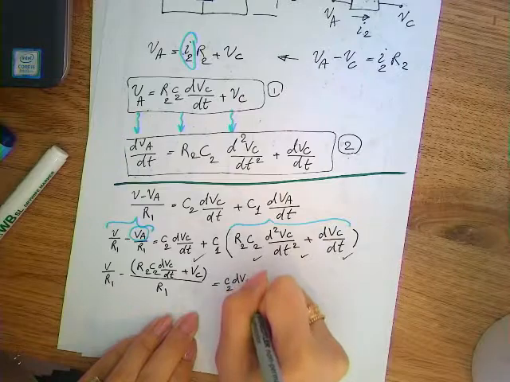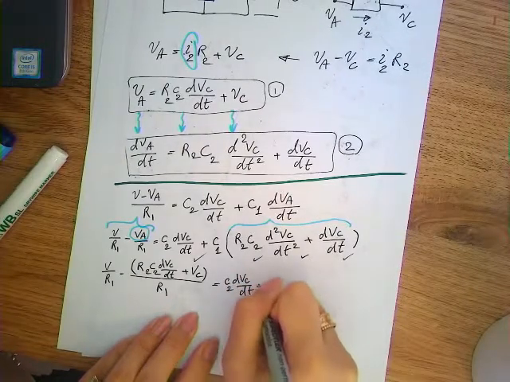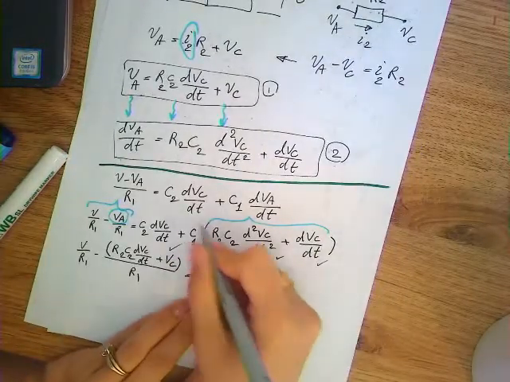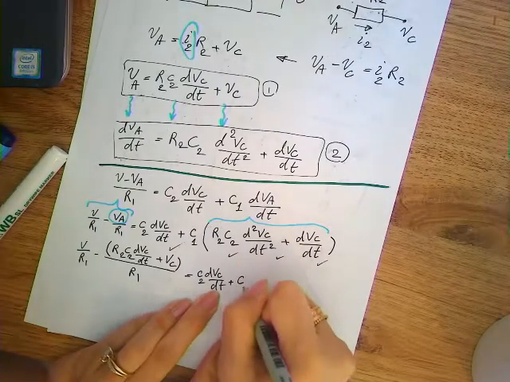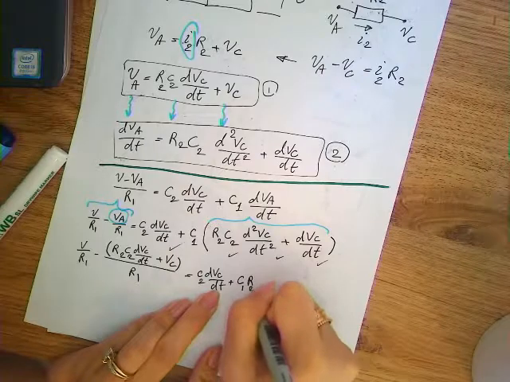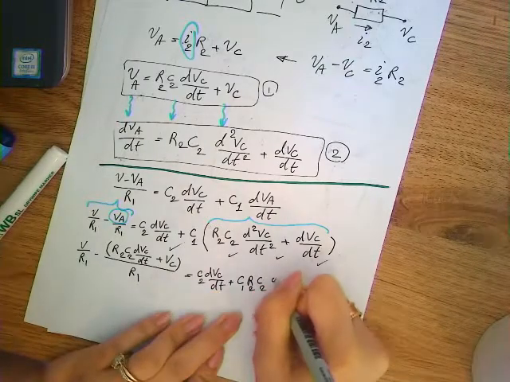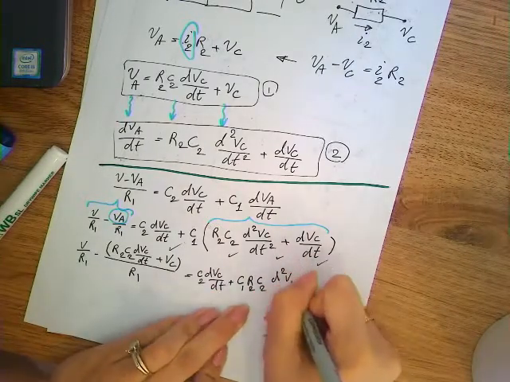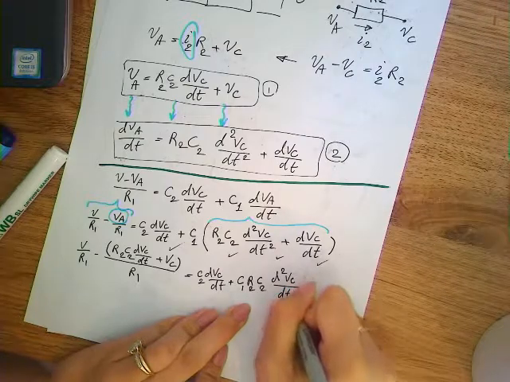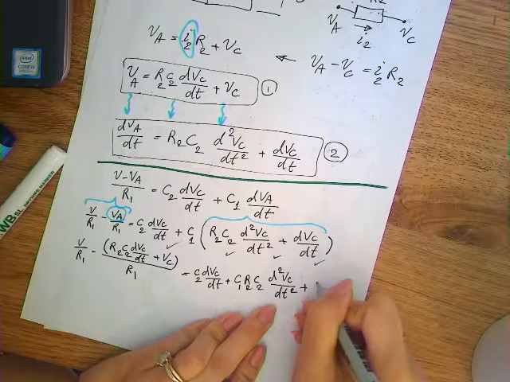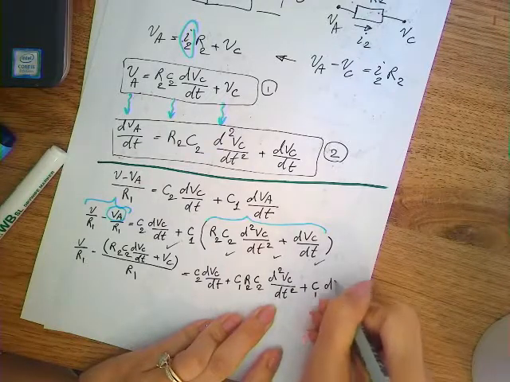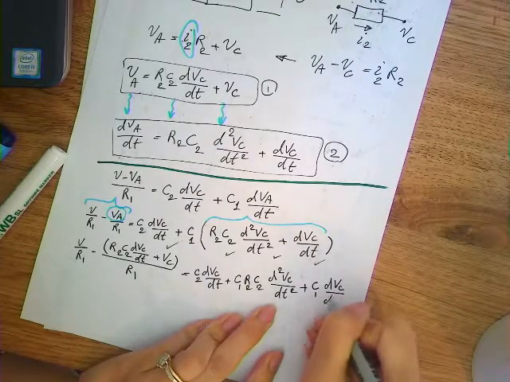C2 dVc dt plus, I can multiply this, so it will be C1 R2 C2 second derivative of Vc over time, plus C1 dVc dt.